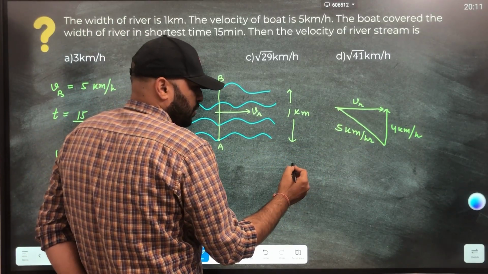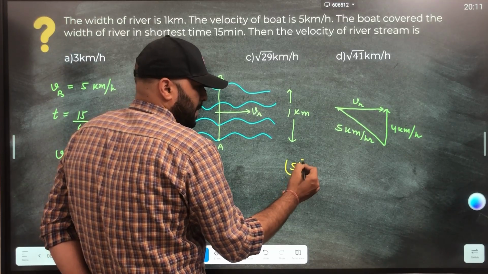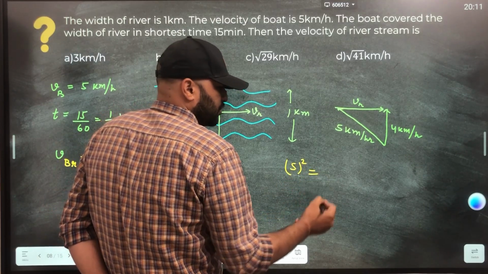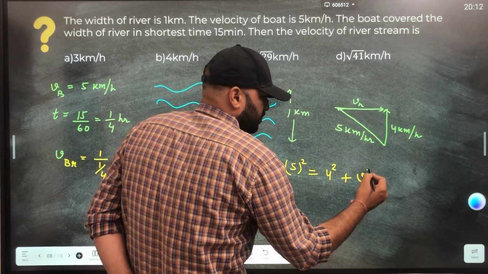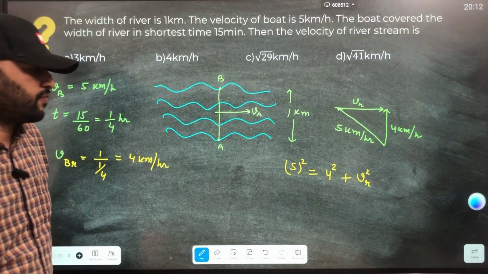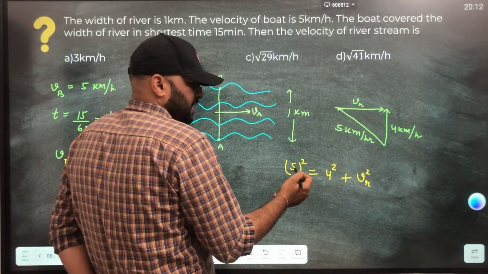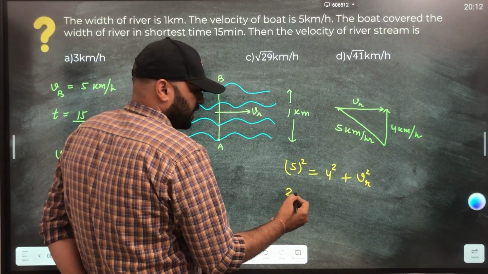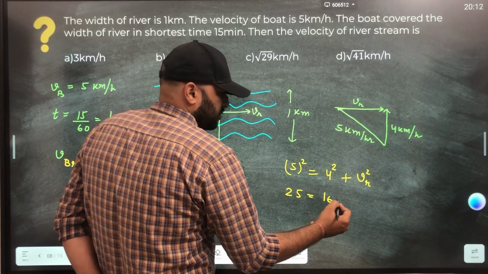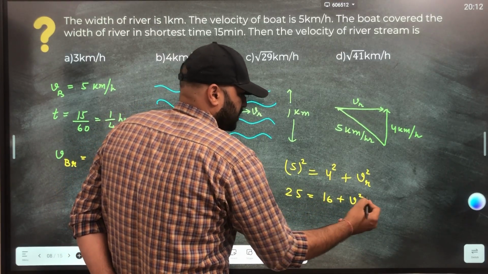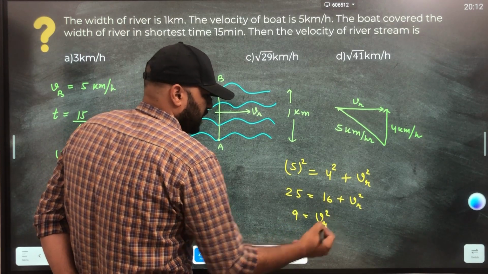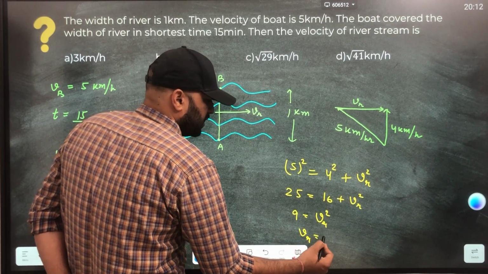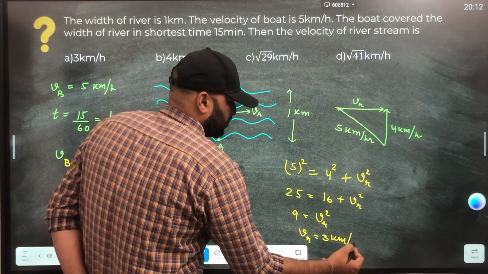So velocity of boat, 5 square, must be equal to 4 square plus velocity of river square. So we will use magnitude square. 5 square is 25, 16 plus VR square. Taking 16 to the left hand side, it will be 9, which is equal to velocity of river square. So velocity of river will be 3 kilometer per hour. I hope this is clear.